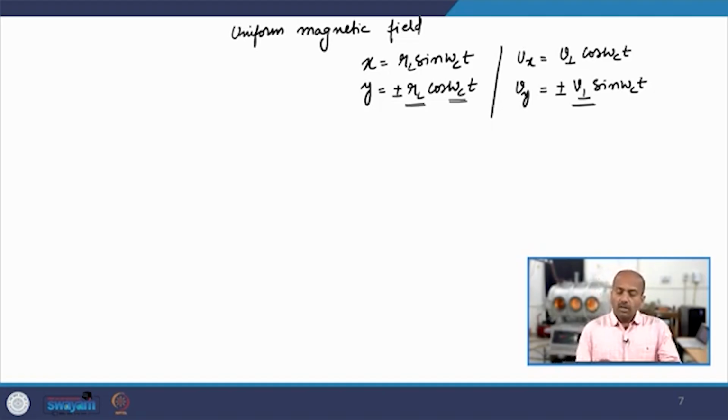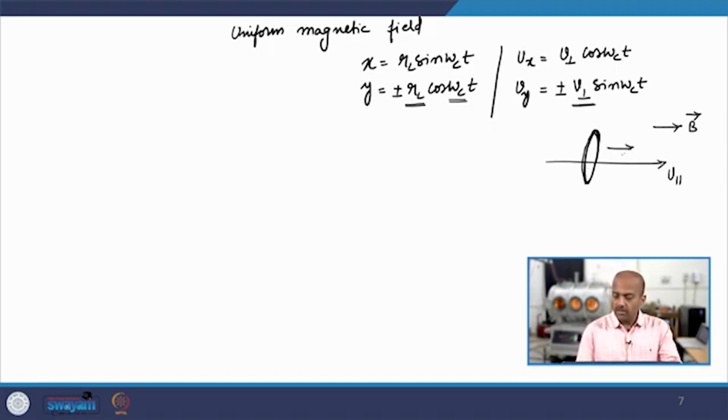Now, most importantly, as long as there is no electric field, the particle will keep gyrating at a fixed position if it does not have any component of velocity which is parallel to the magnetic field. So, if you have V parallel, and if this is the magnetic field, the particle will move in a circle, although the way it is drawn it does not appear to be a circle, it is revolving in a circular motion.